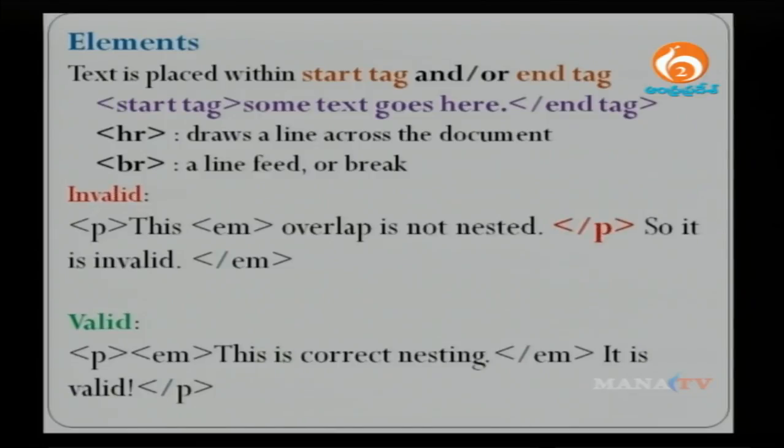Tags come with start and end tags and should not be overlapped. Overlapped means once you have started a tag and it has an inner tag, the inner tag should be closed before closing the outer tag. So we should take care of that.